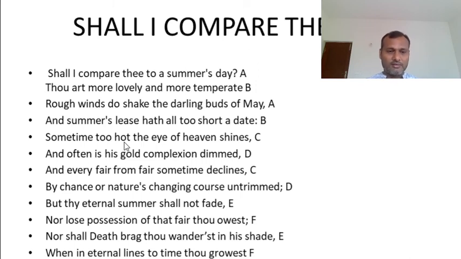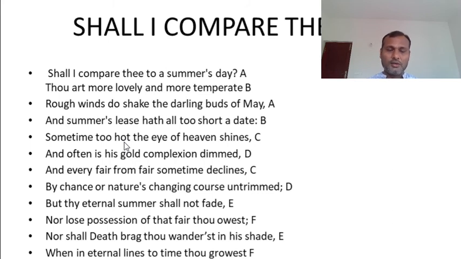But you keep on growing. And in the last couplet, "So long as men can breathe or eyes can see," as long as human beings breathe on this earth, as long as eyes can see, till then you will live. You will be alive.